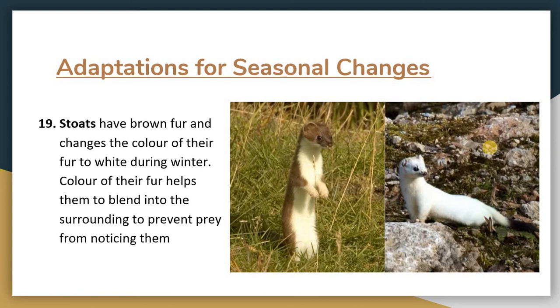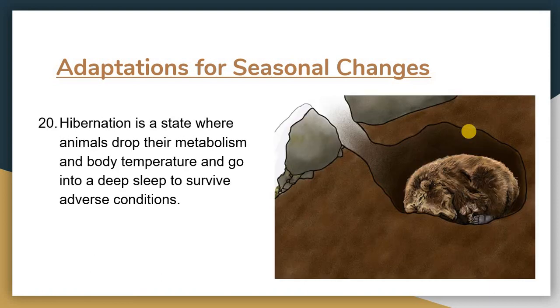All right. And the last adaptation for seasonal changes we can see is hibernation. So I believe most of you understand what hibernation is. Hibernation is actually a state where animals drop their metabolism and body temperature and go into a deep sleep to survive adverse conditions.